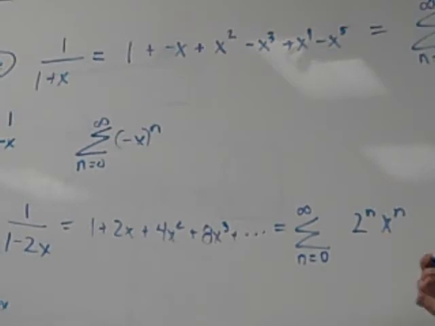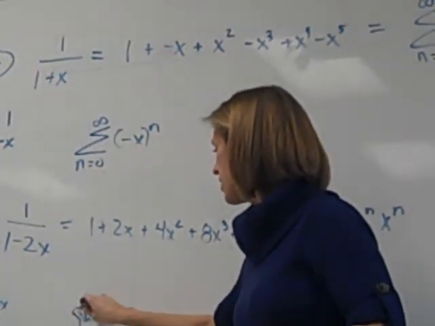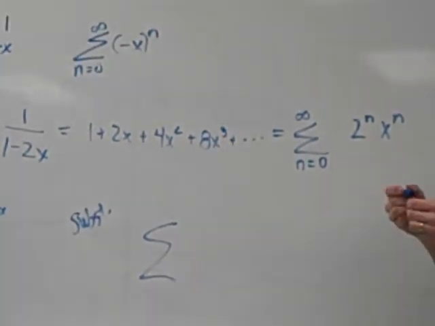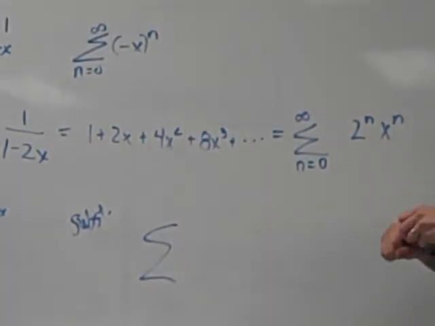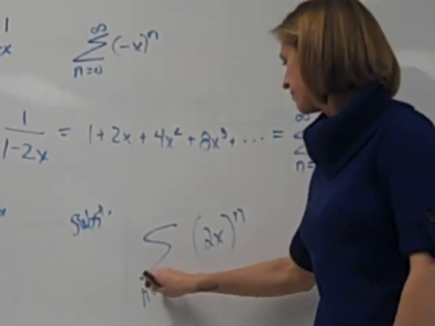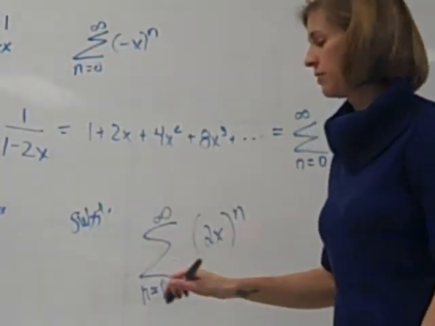I also could have thought about substituting. If I substitute into the regular geometric series that you know from the beginning, I would just put 2x in and it would be to the n. And that would be fine also.